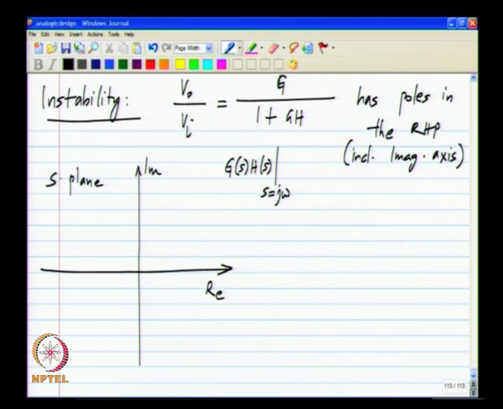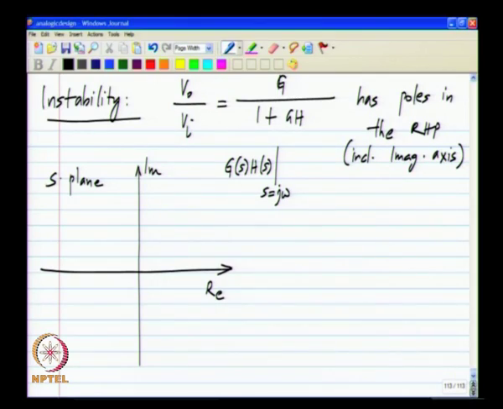This essentially means that what you are evaluating is the sinusoidal steady state response of the loop gain function. s equals j omega corresponds to a sinusoid of frequency omega, and G(s)H(s) at s equals j omega corresponds to the loop gain for a sinusoidal frequency of omega. Okay.